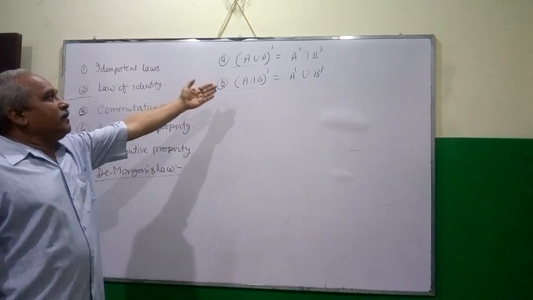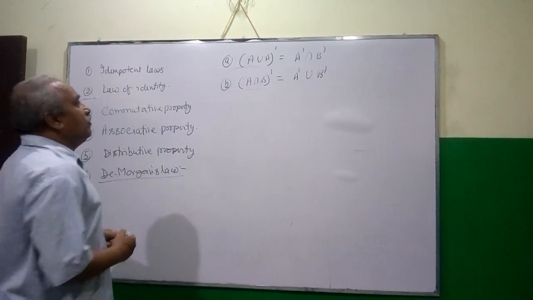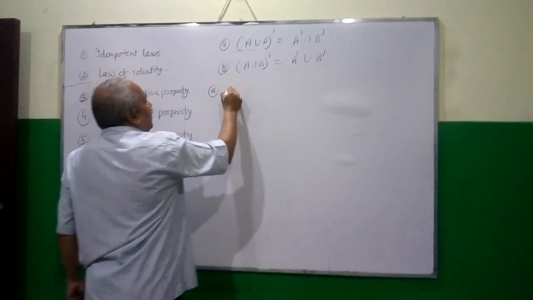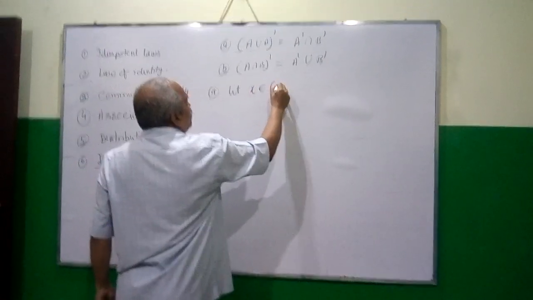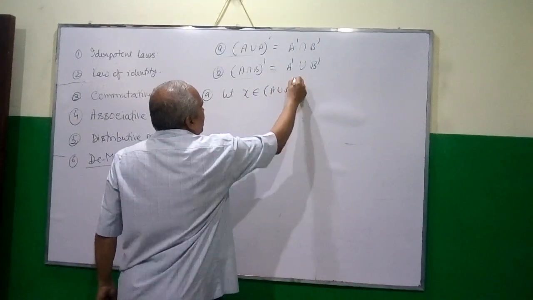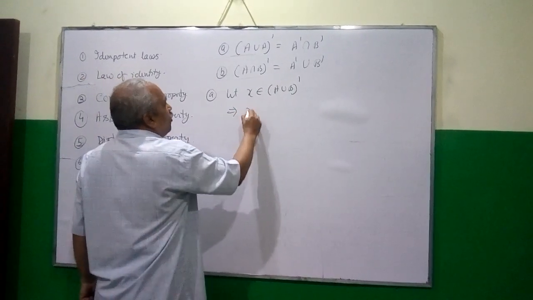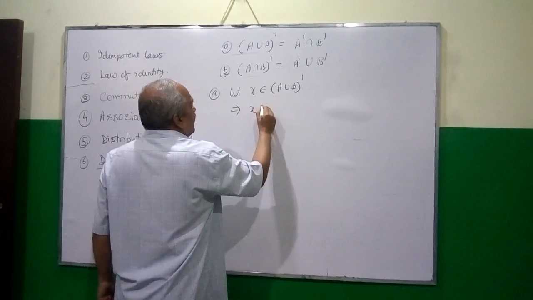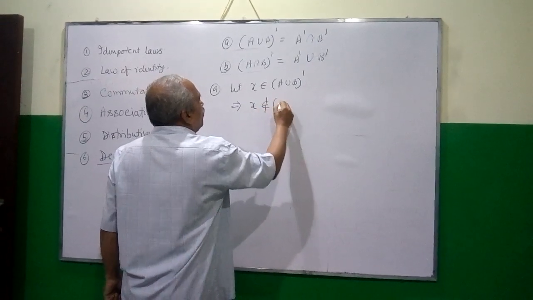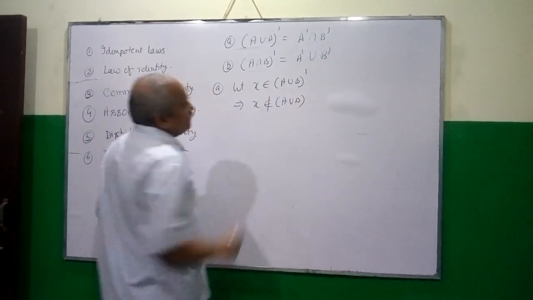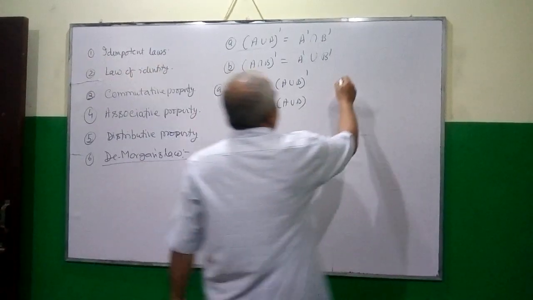I will prove one. The second one will be left for you. Number A. Let x belong to (A union B) complement. Now, by the definition of complement, if x belongs to this, then x will not belong to A union B. You can see by figure.